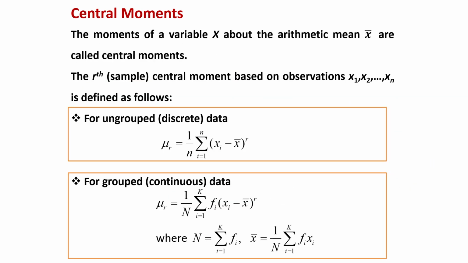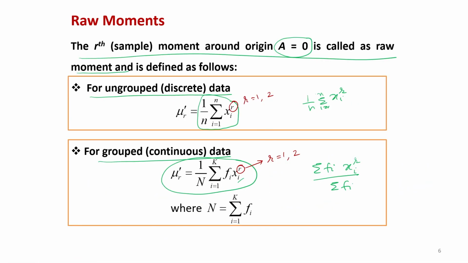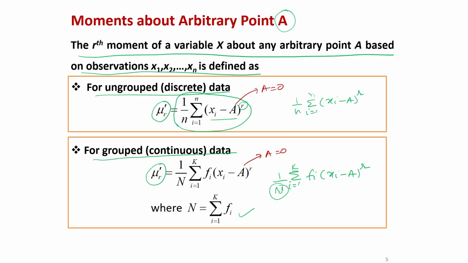Now, we discuss the idea about central moments. So, as you have seen that in this case, when you have used a equal to 0, then you got the raw moments. Now, I am asking you, substitute a equal to the arithmetic mean here as well as here.